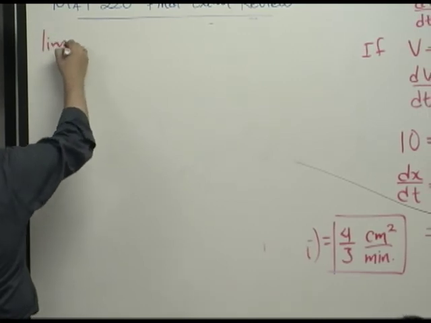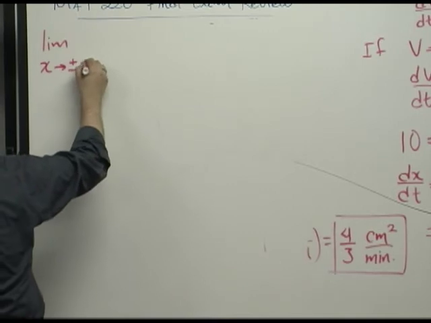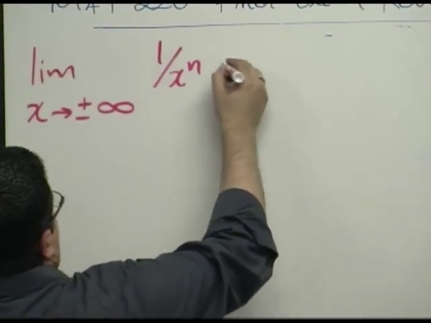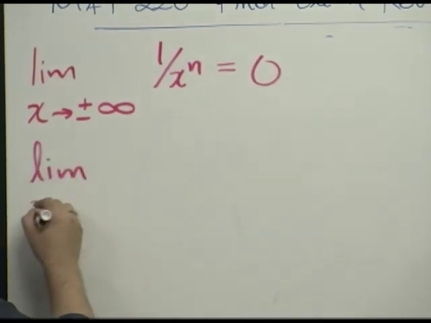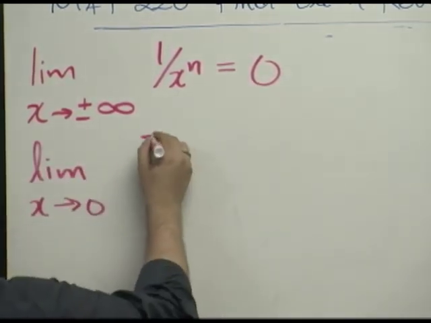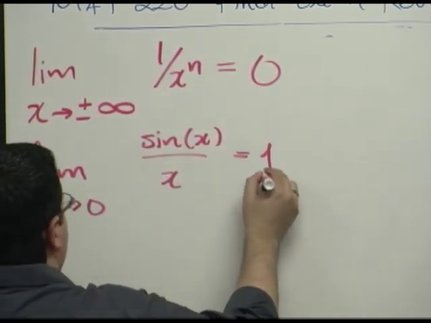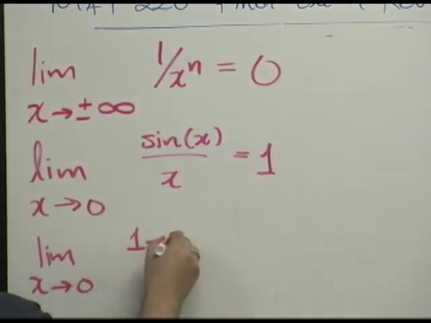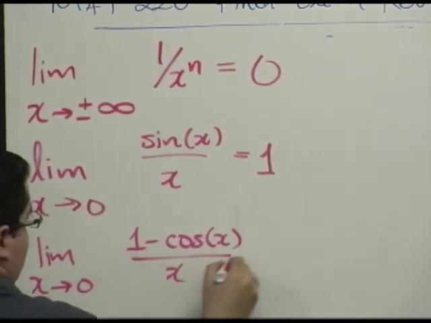Remember that in general, as x goes to either plus or minus infinity, 1 over x to the n is always 0. Another limit always worth remembering is the limit as x goes to 0 of sine of x over x is equal to 1. And another one that is worth remembering is that the limit as x goes to 0 of 1 minus cosine of x over x is equal to 0.